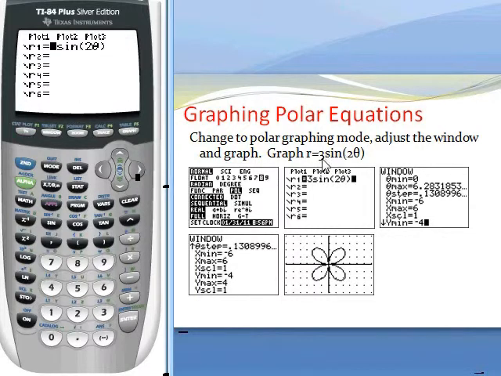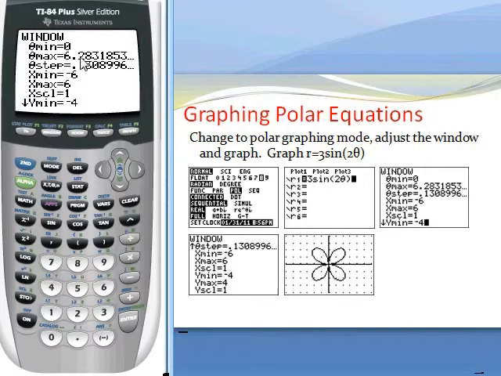So let's say I want to do this, 3 sine 2 theta. The beauty of this is when you push this button here, it's going to be theta. It is already adjusted for you. Then you can go and you can pick your window, and your window is here, 0 to 2 pi, and you enter 2 pi as 2 times pi.